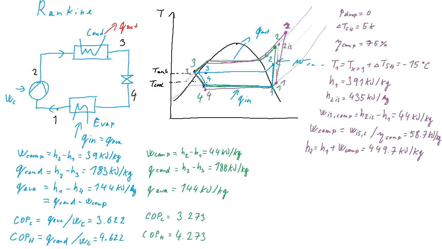So now we can calculate the heat rejected in the condenser. Q condenser is H2 minus H3. H2 was over here, H3 we had before, and we will get 208.7 kilojoules per kilogram.